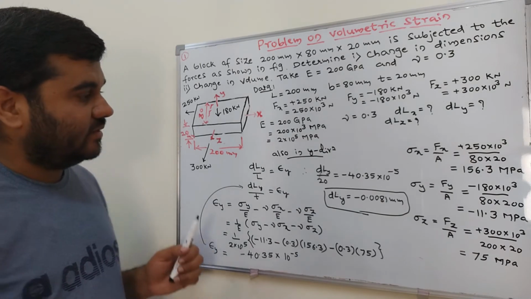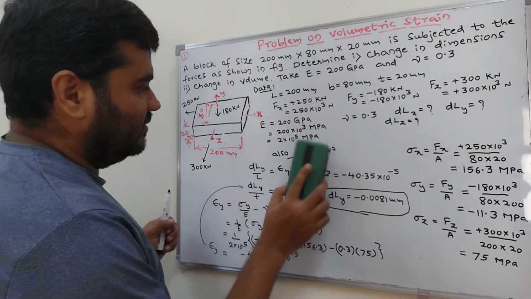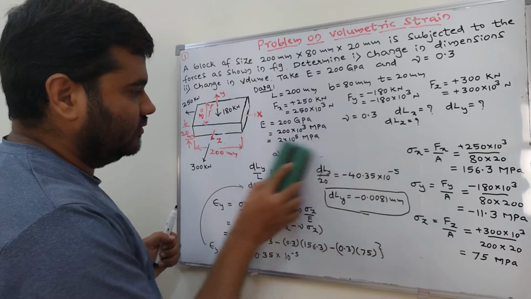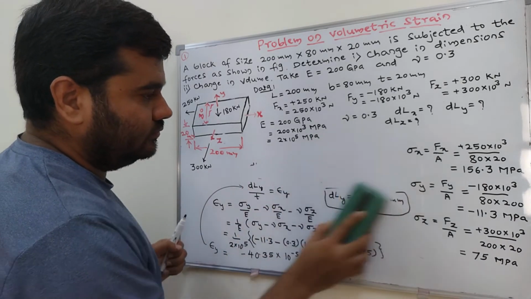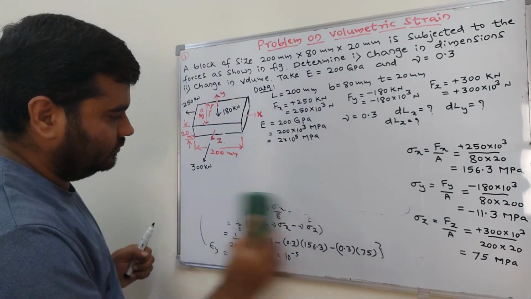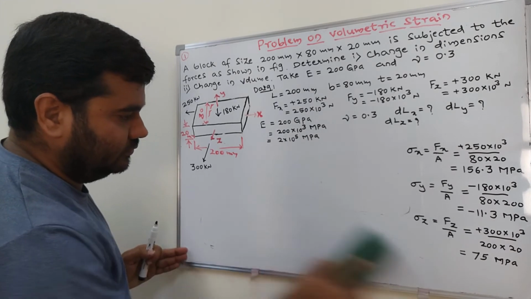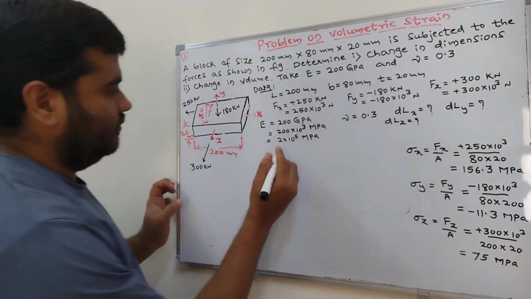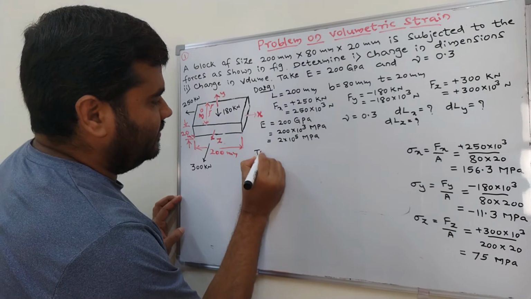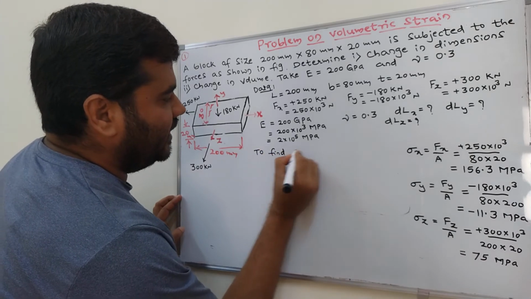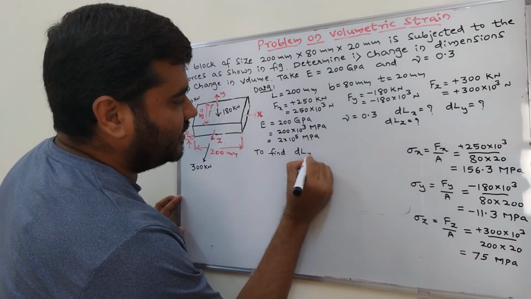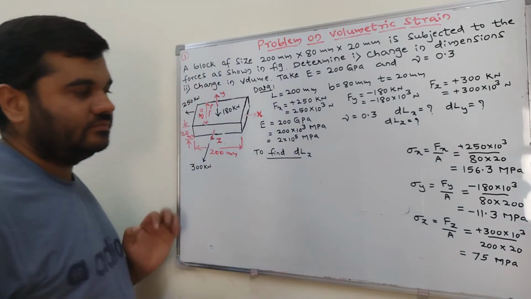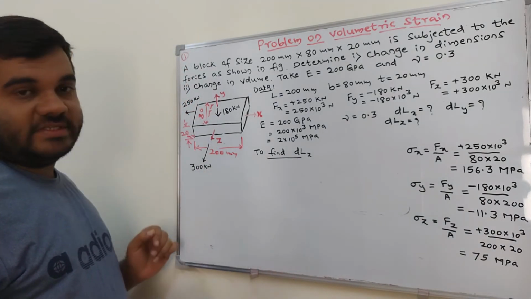Next step is to find the change in length in z direction. What is the formula?